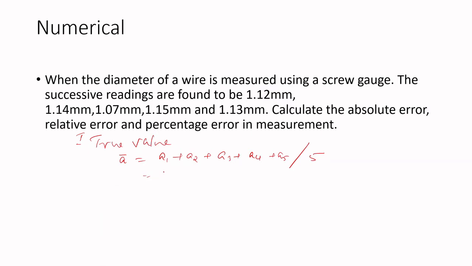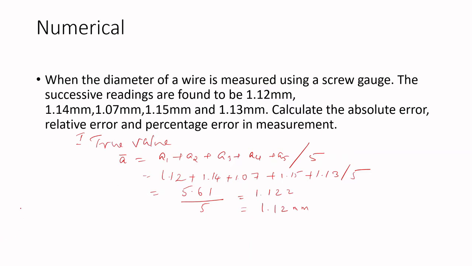So it is 1.12 plus 1.14 plus 1.07 plus 1.15 plus 1.13 divided by 5, which gives us 5.61 divided by 5, which is 1.122. All these numbers have only 3 significant figures, so you take 1.12 only as A bar, that many millimeters.